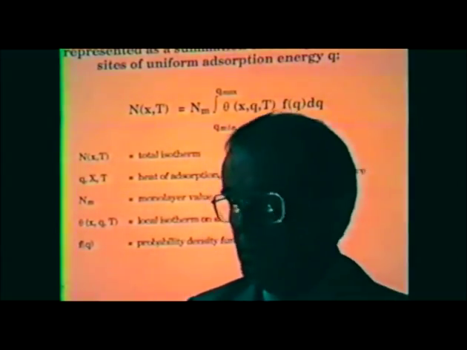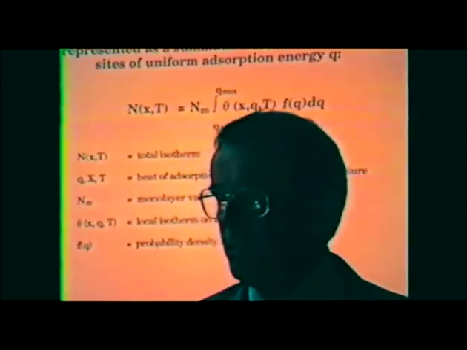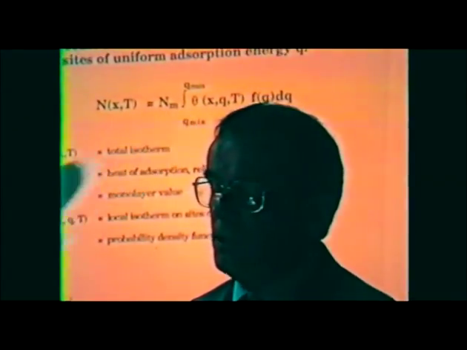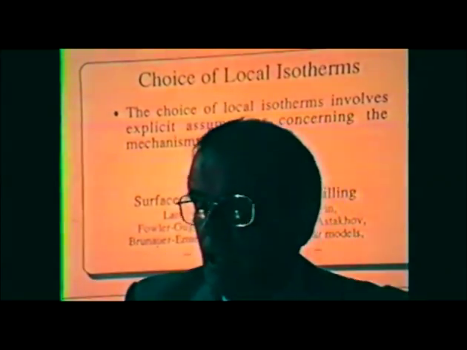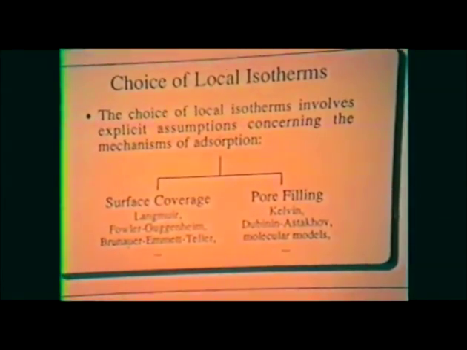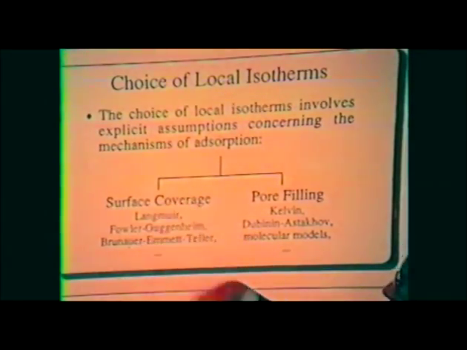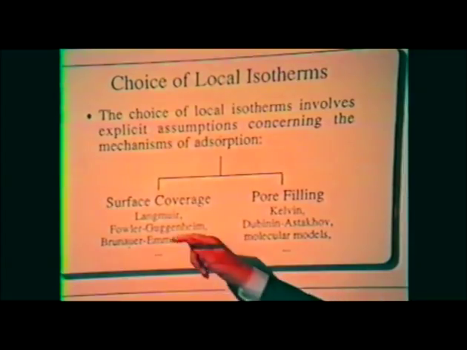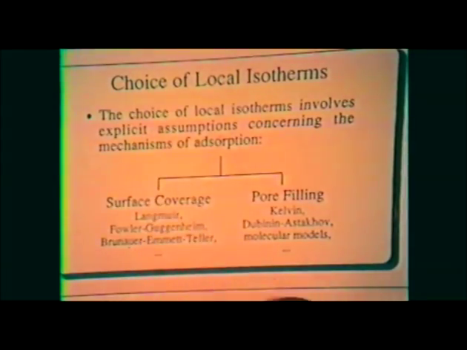Now, as Roger said, there is a choice of local isotherms, the theta function here, and to make a choice of local isotherms involves making explicit assumptions concerning the mechanism of adsorption, as Roger hinted. You might imagine that if surface coverage was the dominant process occurring, then an appropriate isotherm would be the Langmuir or possibly the BET.